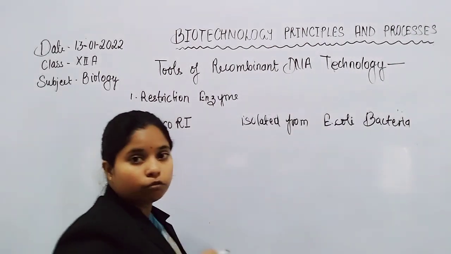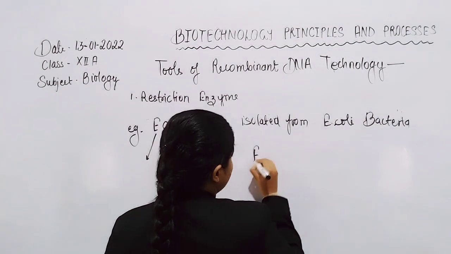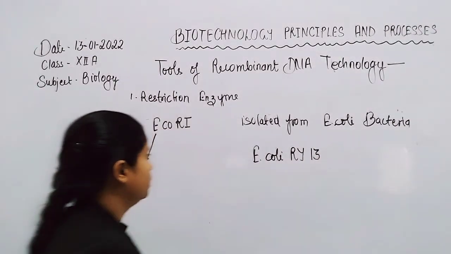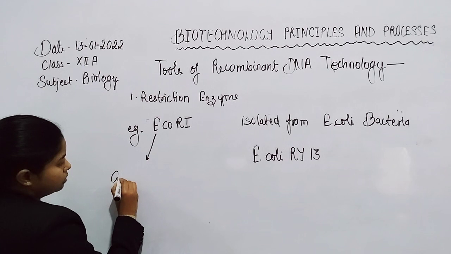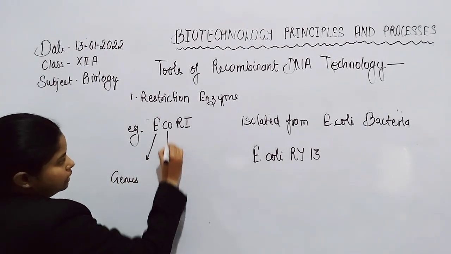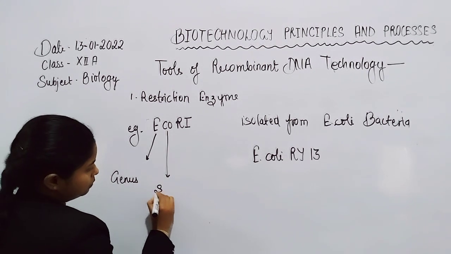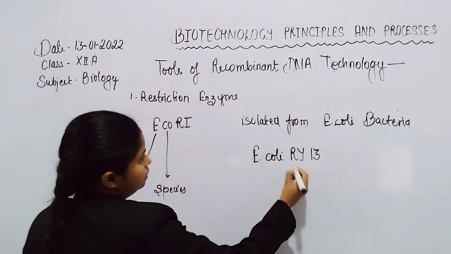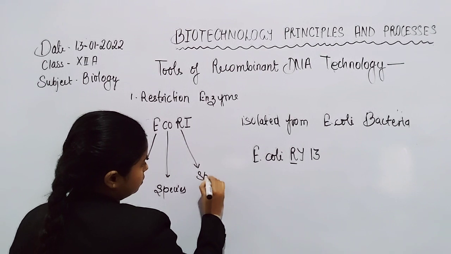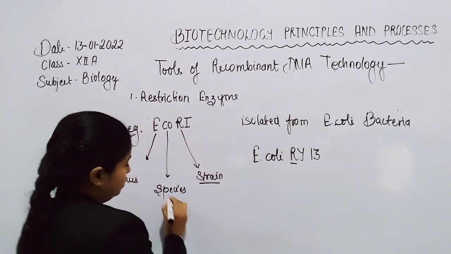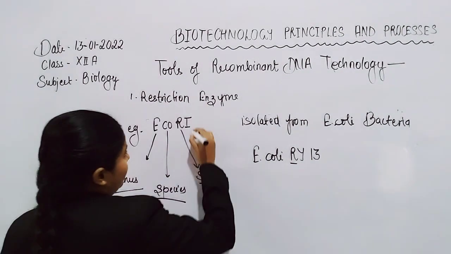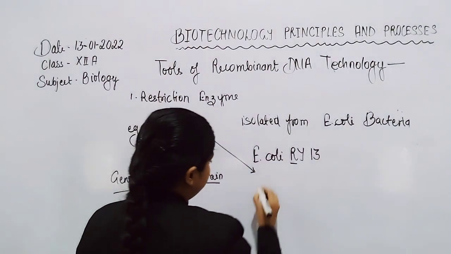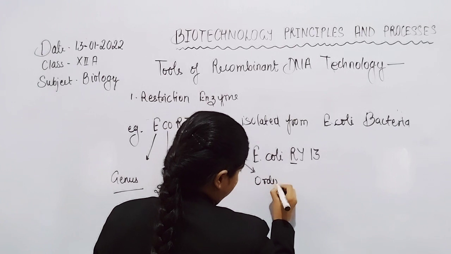The full strain name is Escherichia coli RY13. The first letter is the genus name, the next two letters are the species name, R is the letter from the strain, and the Roman numeral I is the order of isolation.